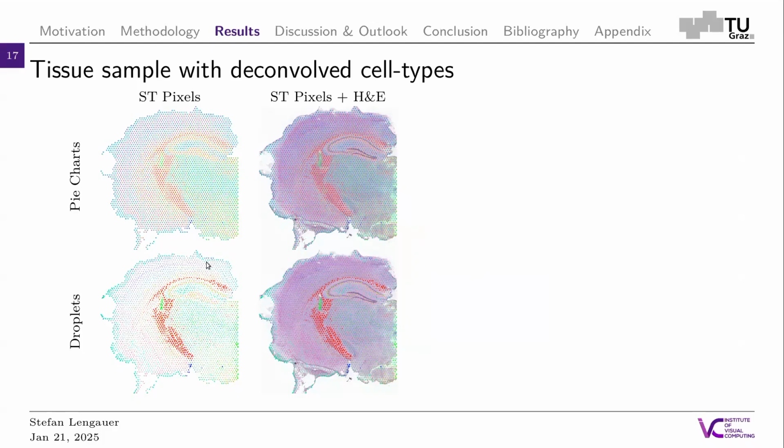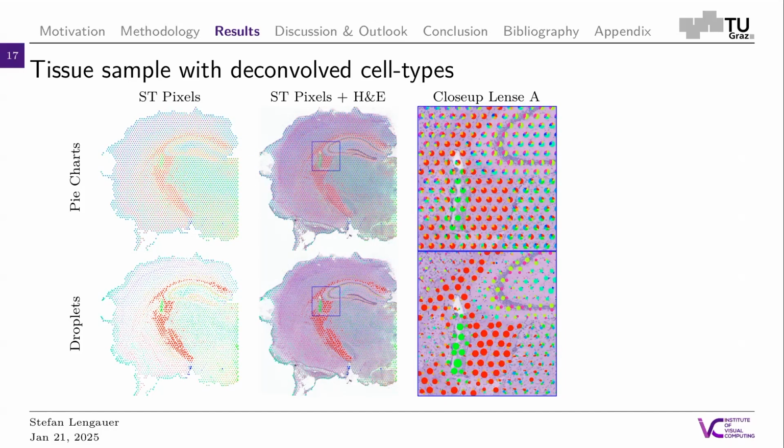There is this turquoise component surrounding all of the tissue sample. There is this very subtle violet streak at the top left part of the tissue, and other quite interesting patterns which we can observe as opposed to the pie charts.